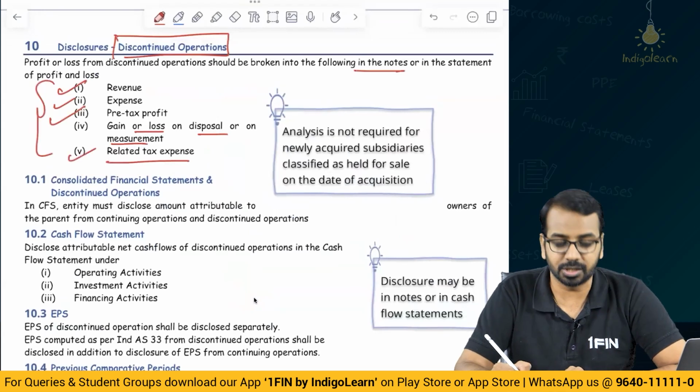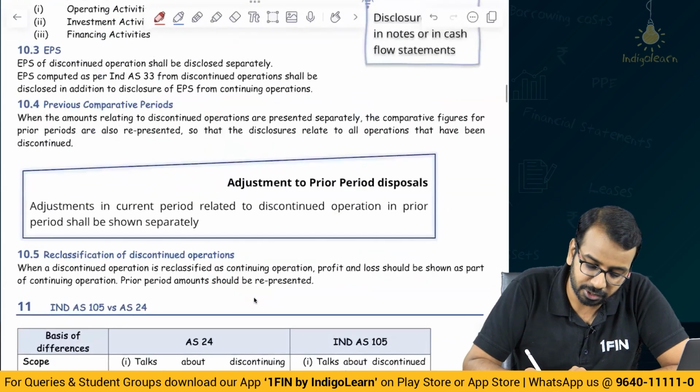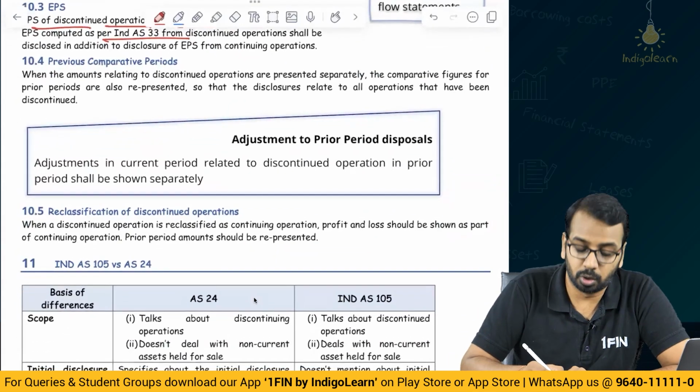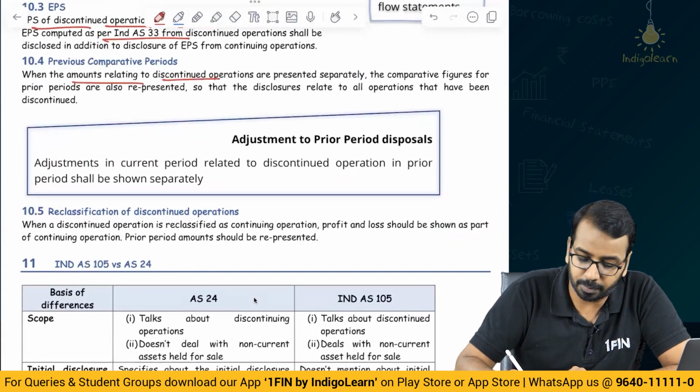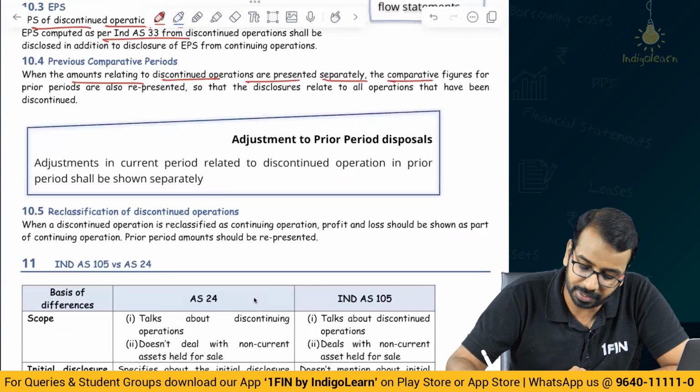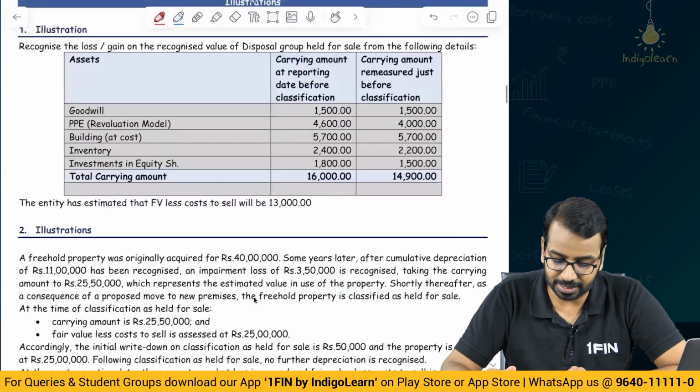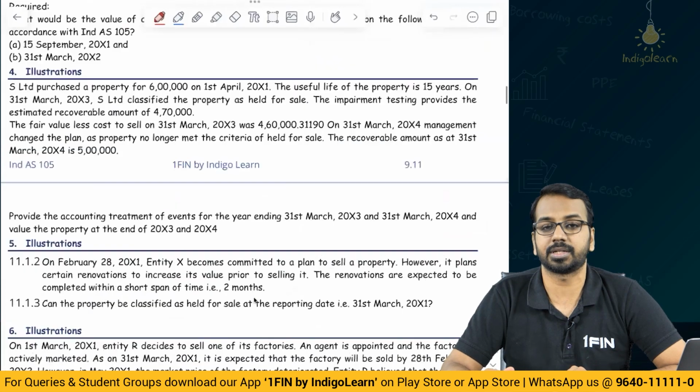So all of this has to be disclosed separately. EPS of discontinued operation shall also be disclosed separately as per IndAS 33 calculation. As I told you earlier, if the amounts of discontinued operations are presented separately, comparative figures are also represented. Okay, so that is as far as IndAS 105 is concerned.